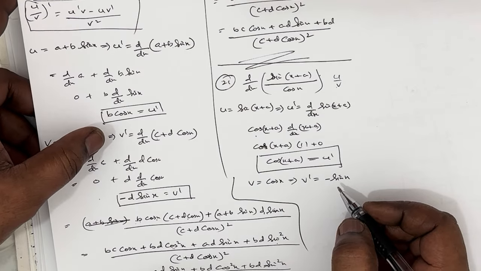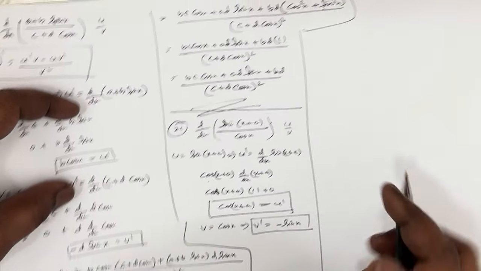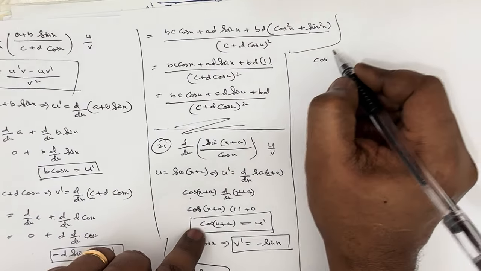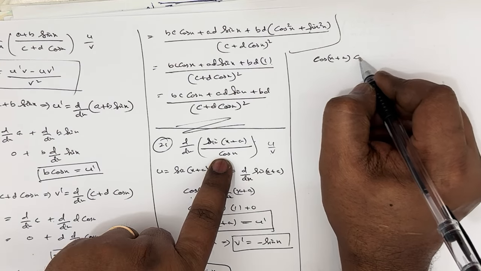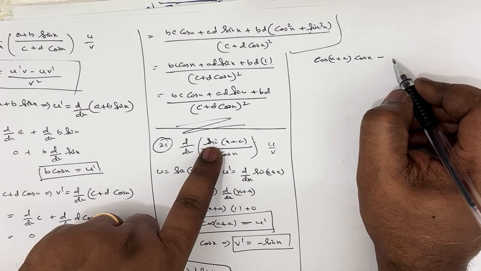That's it. Now let's put these values in the formula. u dash is cos(x plus a), multiplied by v, which is cos x, minus u as it is, which is sin(x plus a), and v dash is minus sin x, upon v square. v square is cos x whole square.